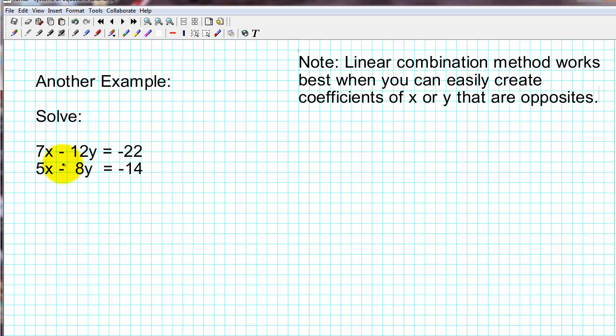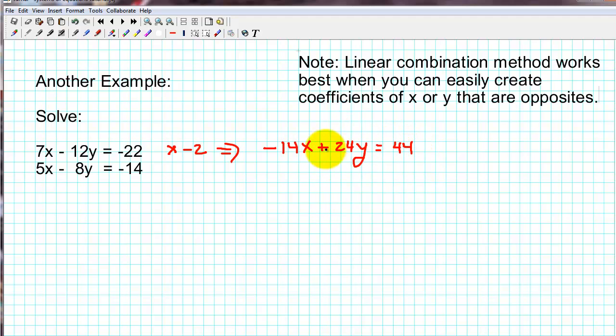They have the same sign, so I'm going to multiply. I'm going to create 24s here, so I'm going to multiply the top equation by negative 2. I'm going to multiply all the way across by negative 2 and generate a new equation. So now I have negative 14x plus 24y, and negative 2 times negative 22 is positive 44.